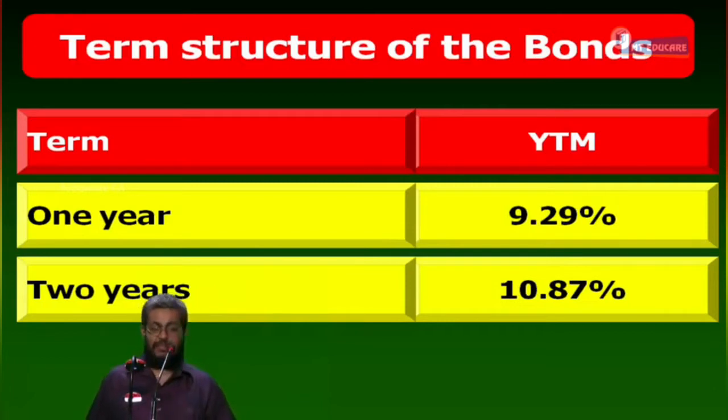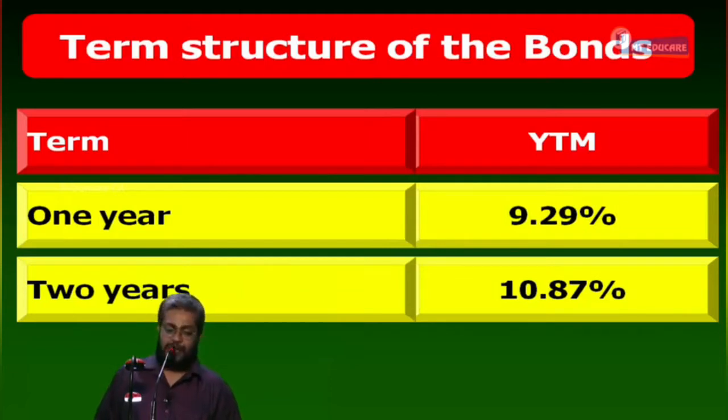But if we want to find the price of a 1-year bond to be issued after 1 year, we should discount at what yield?